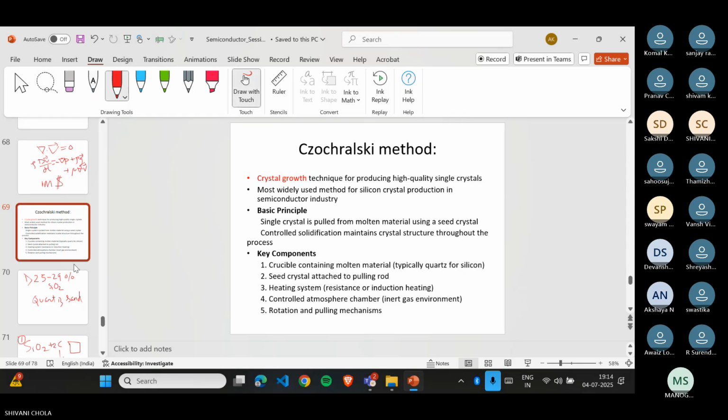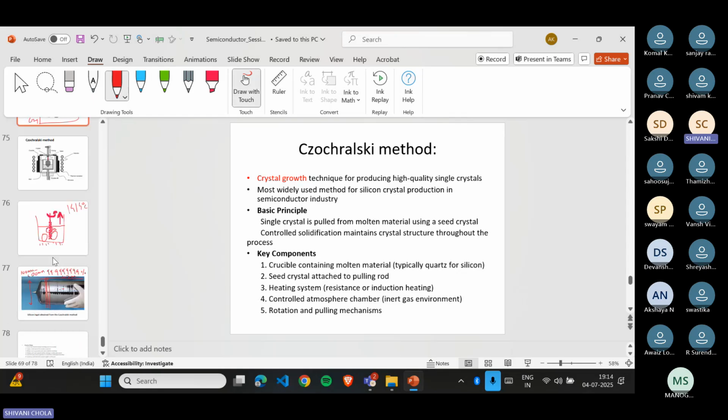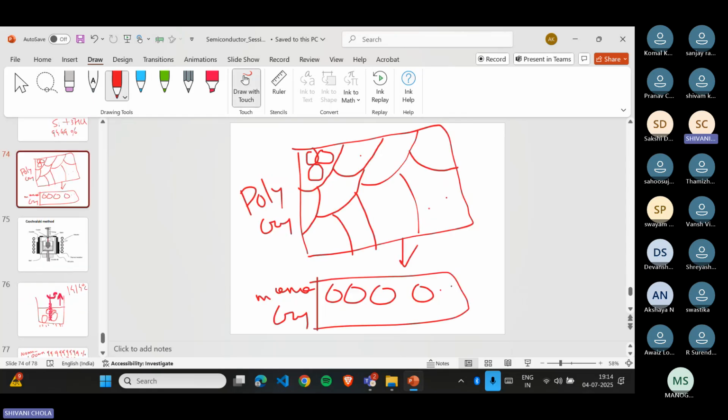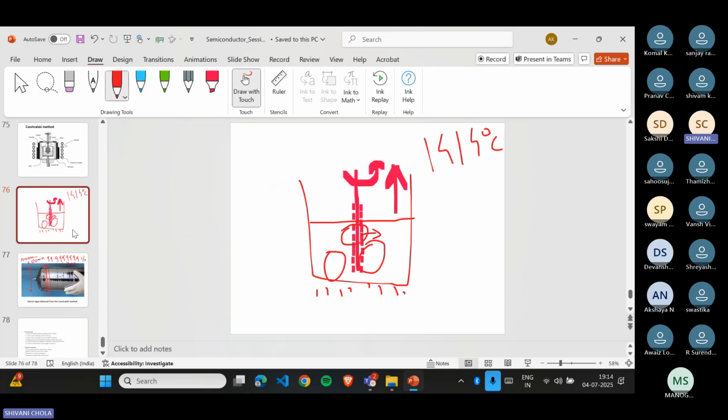Yes, sir. So what you do at first, you have a polycrystalline form of silicon. Since it's in polycrystalline form, what we want is a single crystal which is uniform across the crystal. So you take a melted form of polycrystalline silicon and heat it. Okay, and you insert a small silicon rod which is very pure.